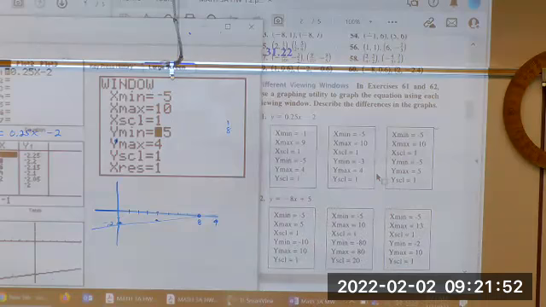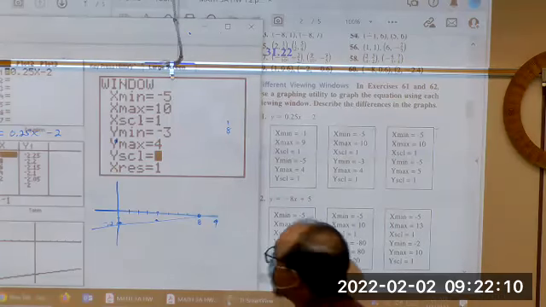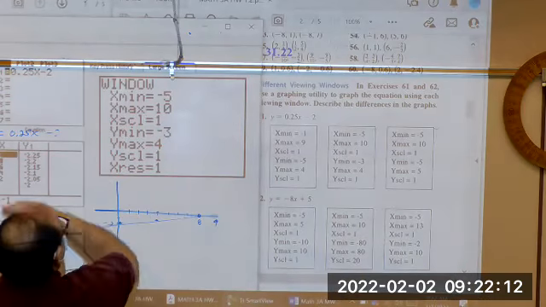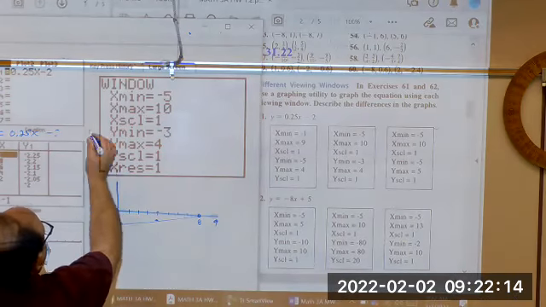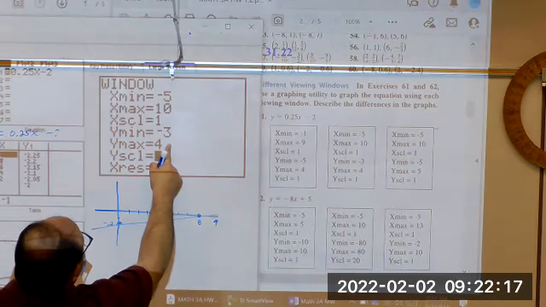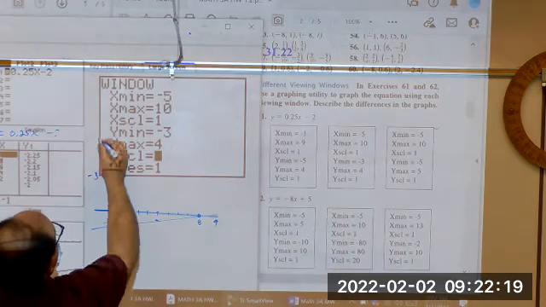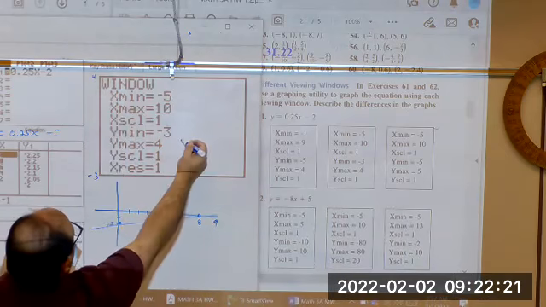The y minimum is -3, and the y maximum is +4. Y scale is still 1. So now let's do the y's first. This is -3 to +4 there.